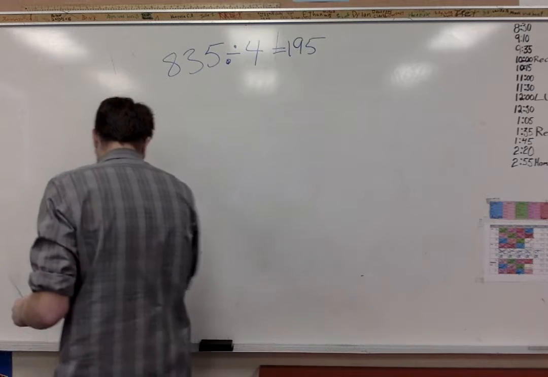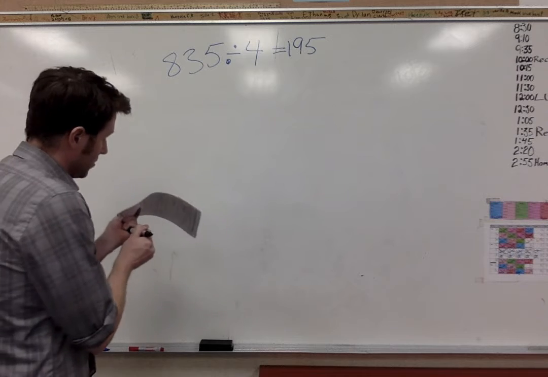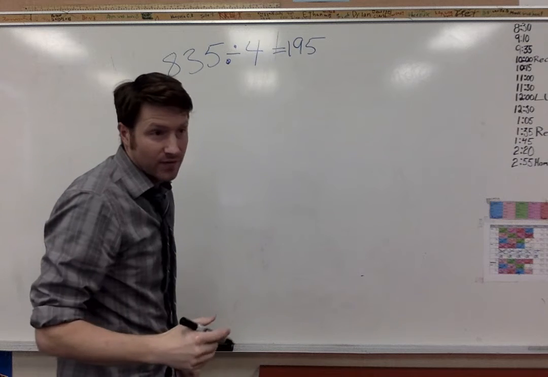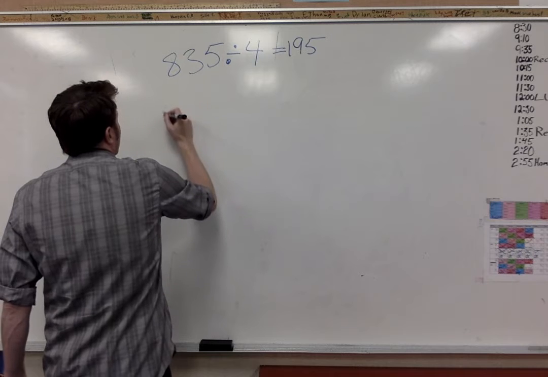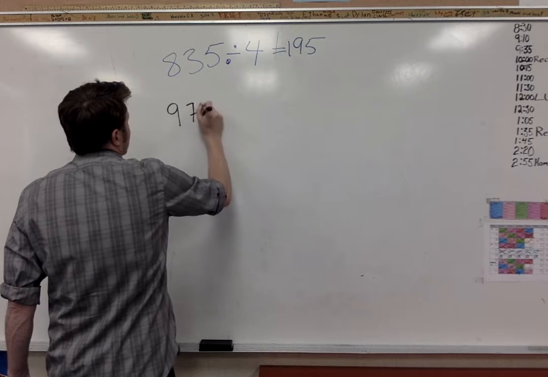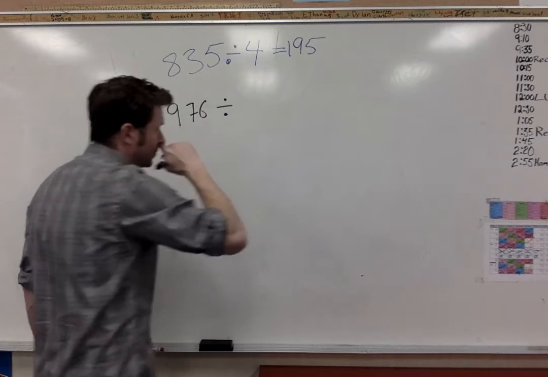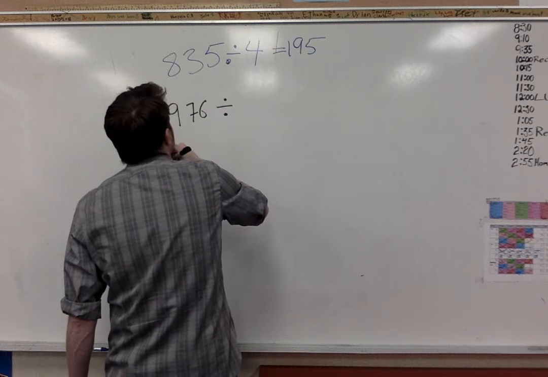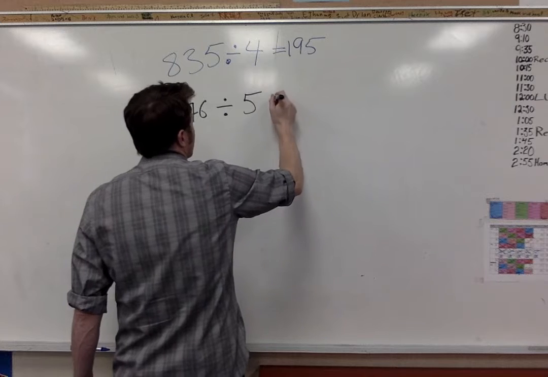We're going to do one that's similar but not the same. Okay. Anne had a whole bunch of walls to paint. It took her, let's say, 976 minutes, divided by, let's say, 5 walls.